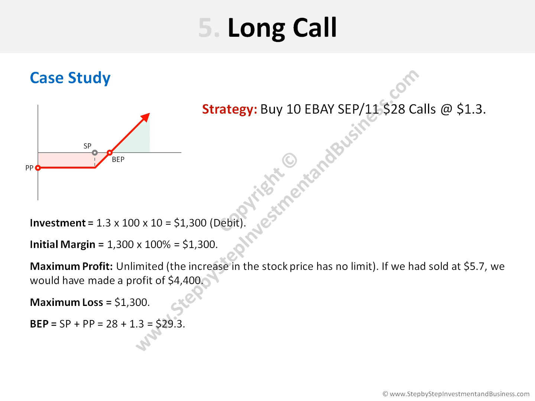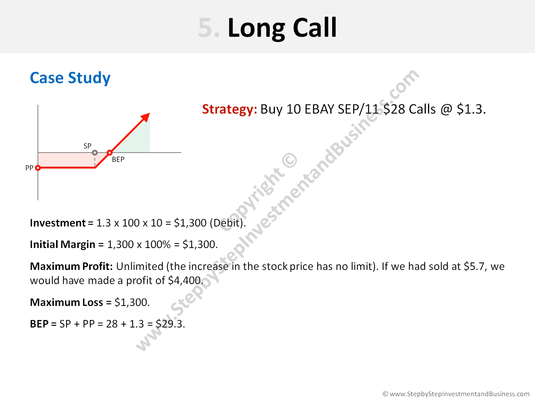The initial margin required is equal to 100% of the cost of the calls, that is, $1,300. This is the minimum amount of money that must be deposited into our account in order to open the position. The maximum profit we can make is unlimited, because the increase in the stock price has no limit. If we had sold at 5.7, we would have made a profit of $4,400.